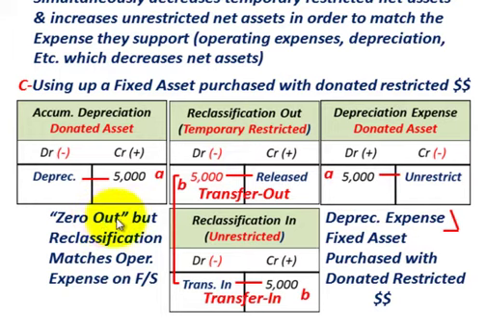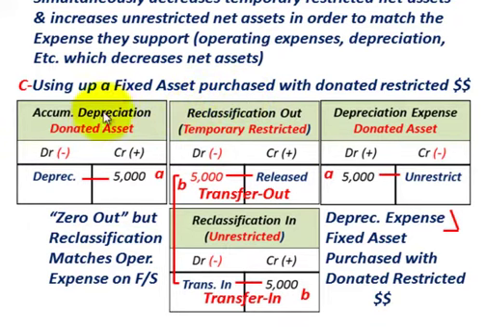So we have a zero out, but the reclassification was done to match our operating expenses on the financial statement, because those dollars were donated, and in this case have to be recognized as operating expenses as this asset depreciates. Okay, so that's basically a basic understanding of this reclassification of temporarily restricted dollars.